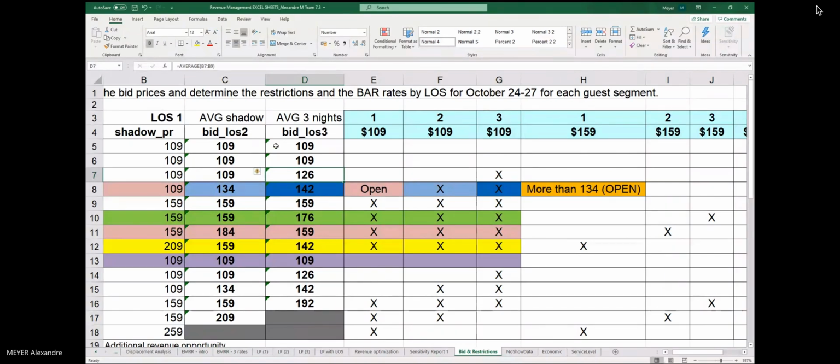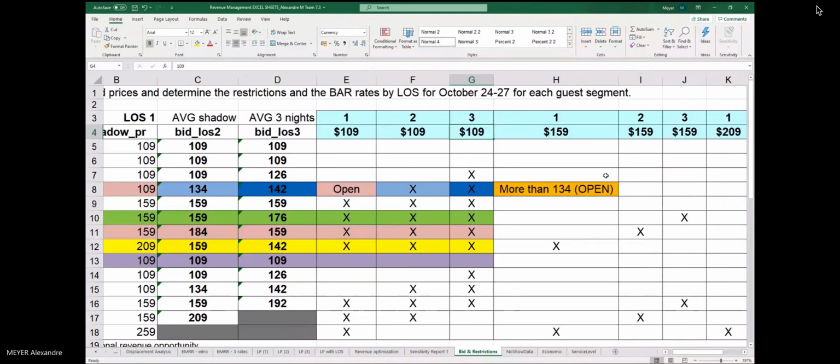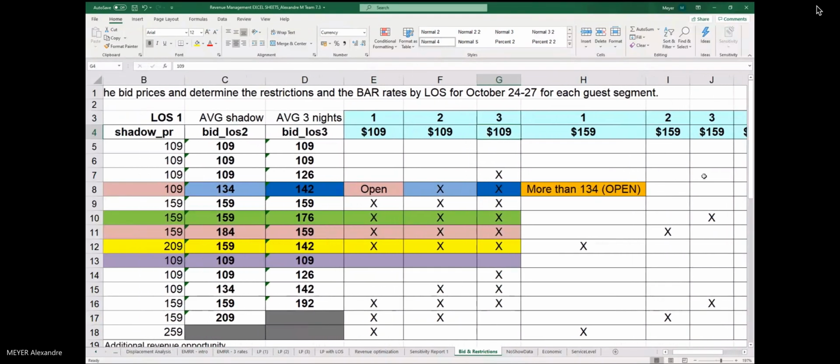Why would you sell it at a value lower than what it's supposed to be? You know what I mean? Because the value is at 126, why would you sell it at 109? So you'd close this rate class because if people want to stay 3 nights, they have to end up paying more because it's worth 126.